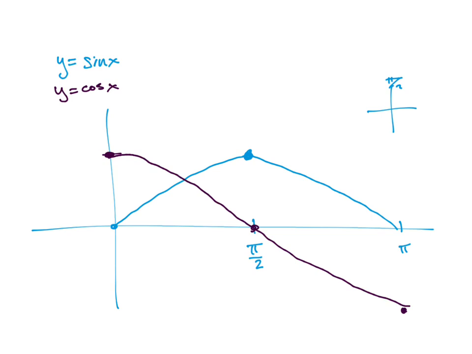Yeah? Okay, now we want to compute on the interval from 0 to pi over 2, and we want to know what's the area between the 2 curves. I want to think about 2 different ways to solve this problem. Take the area of all of it and subtract.